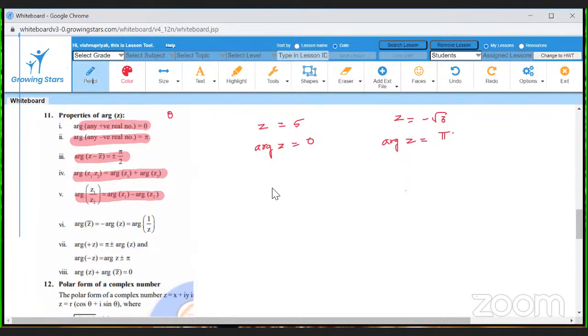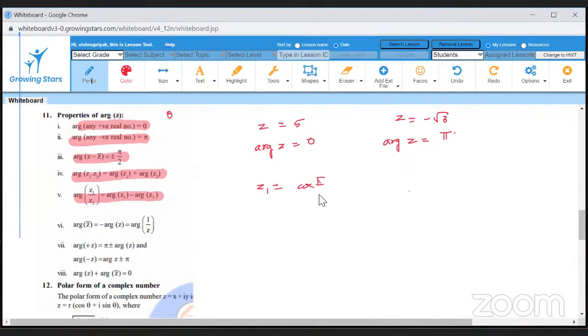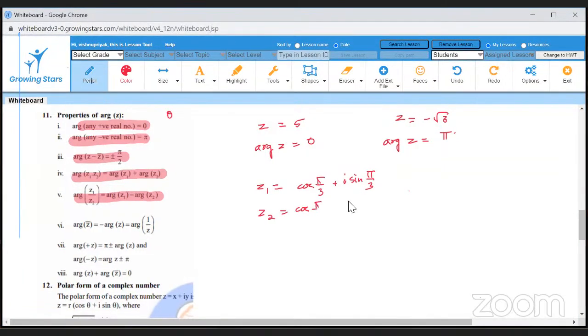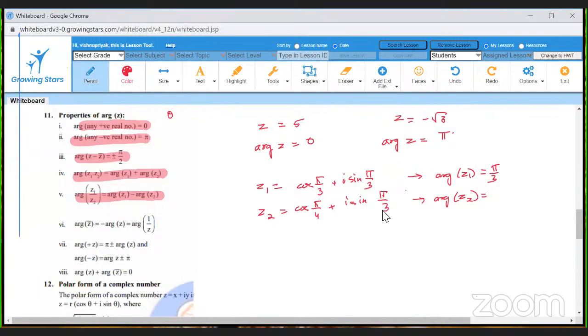Suppose Z1 is cos pi by 3 plus I sin pi by 3, and Z2 is cos pi by 4 plus I sin pi by 4. What is the argument of Z1? The angle is pi by 3. What is the argument of Z2? The angle is pi by 4.